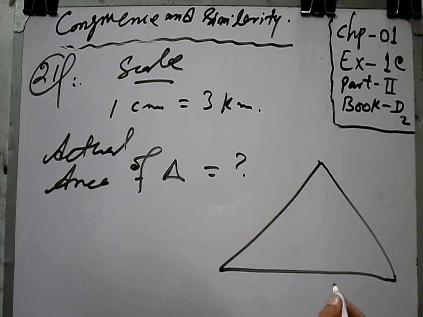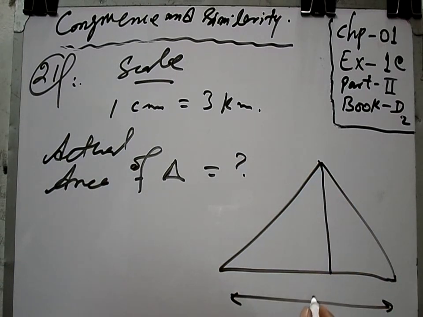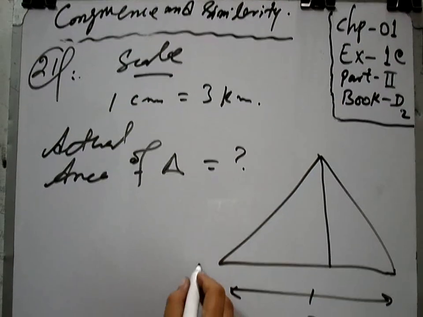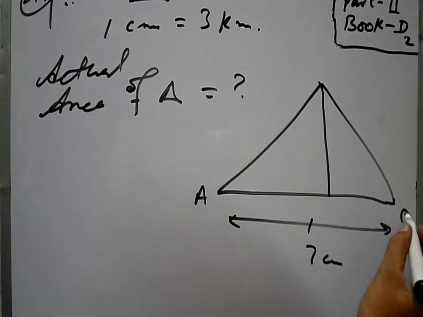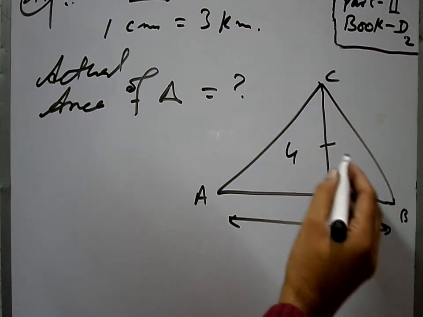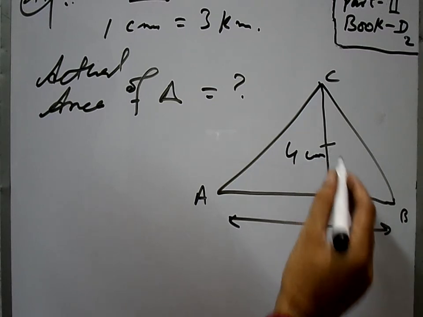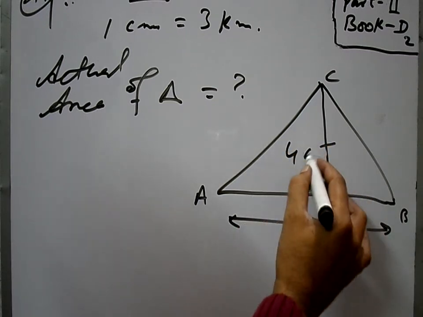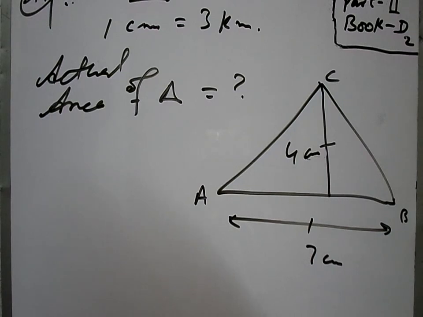If you see the question in your textbook, we have to solve very carefully. In a triangle ABC, the height is 4 centimeter and the base is 7 centimeter, drawn to a scale of 1 centimeter to 3 kilometer. So find the actual area of the triangle.